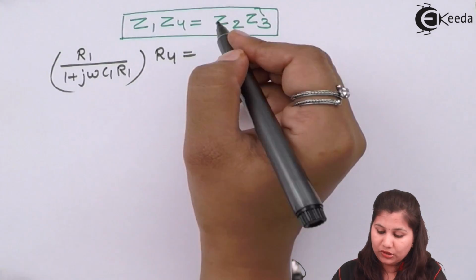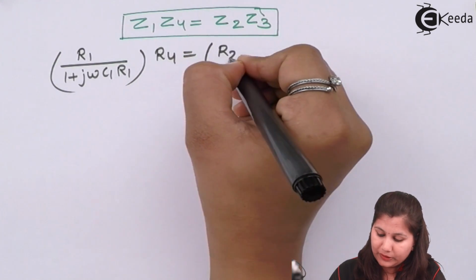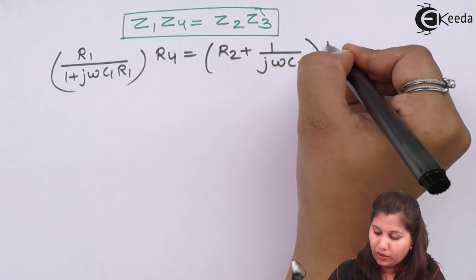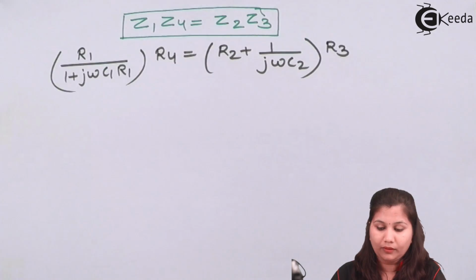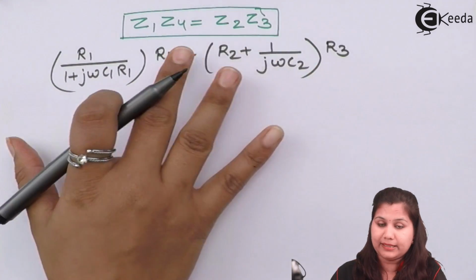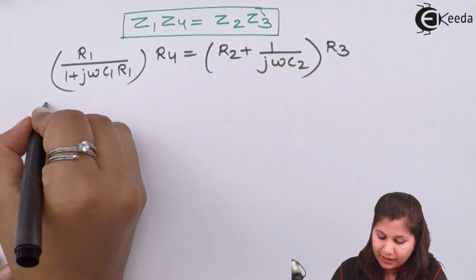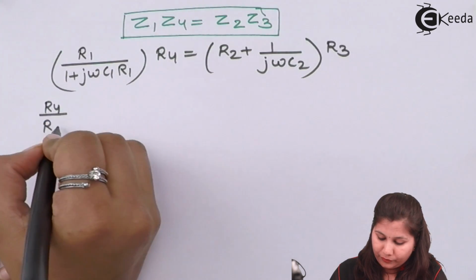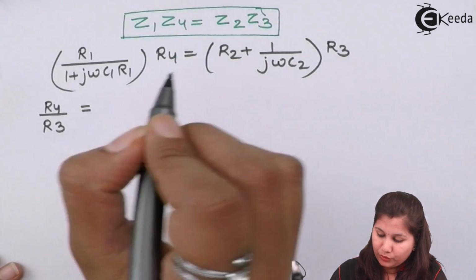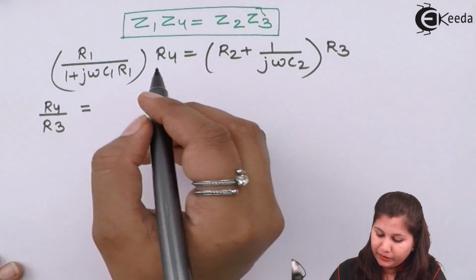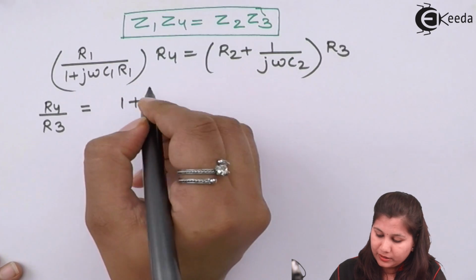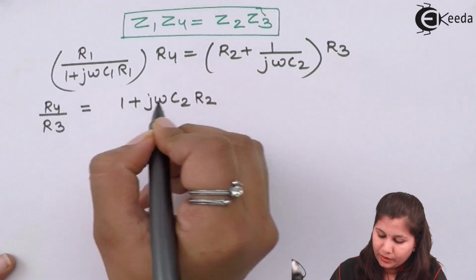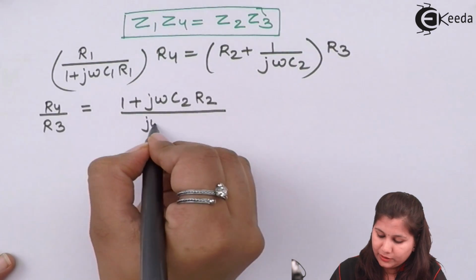Z2 was the series combination, so R2 plus 1 upon j omega C2, and Z3 is R3. Now multiplying and simplifying this equation, we will get R4 upon R3 is equal to 1 plus j omega C2 R2 upon j omega C2.